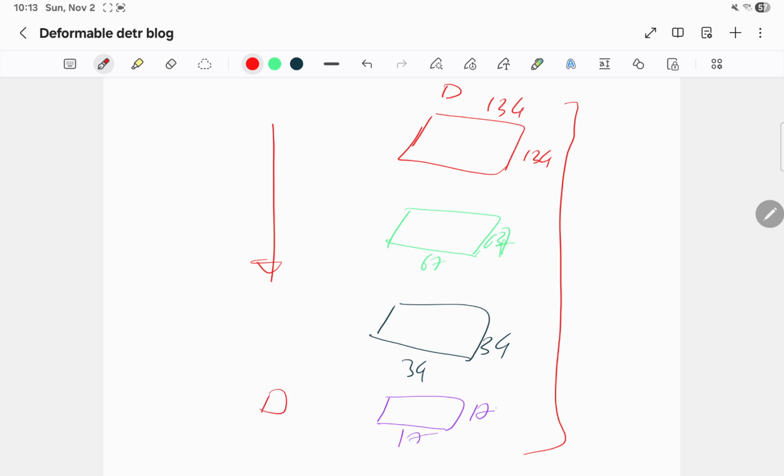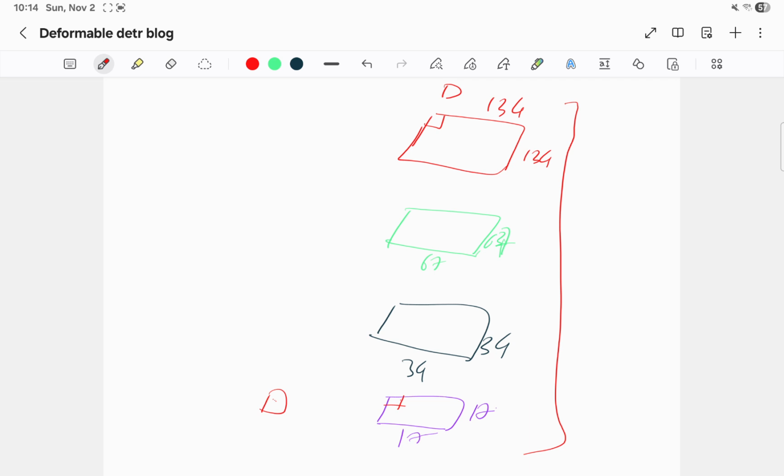So for a pixel here, the receptive field, which means the corresponding patch it is looking at in the image, will be much larger. It will be smaller for, say, here, and the receptive field of the very first layer in the beginning will be much smaller. So to detect small objects, what we require is to use the features across all these layers.